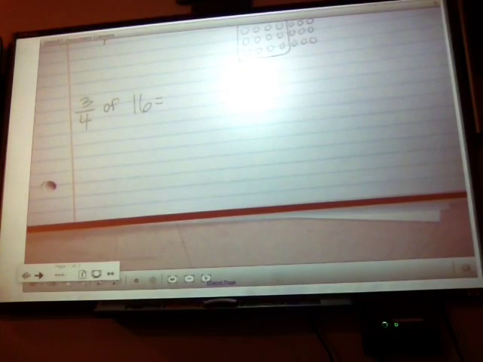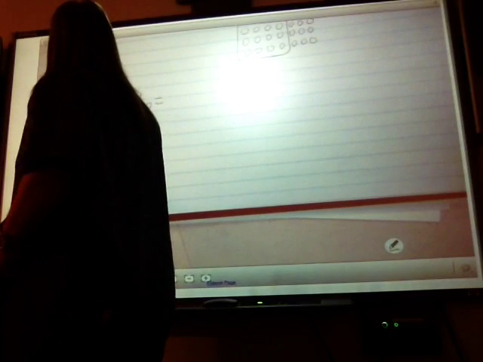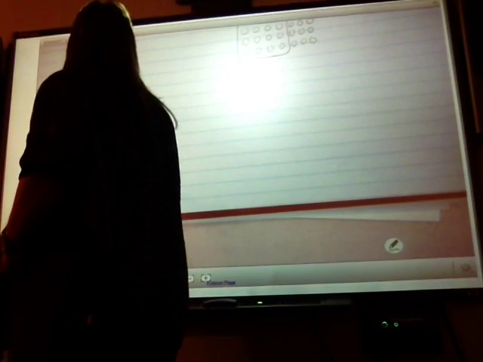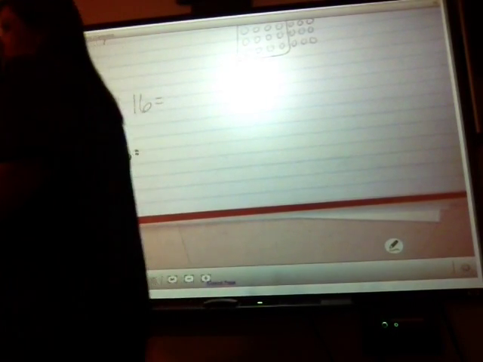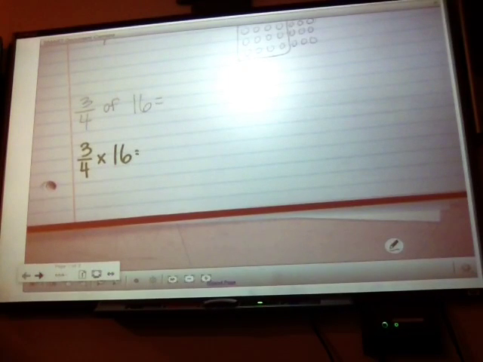Three-fourths of 16 is the same thing as saying what? 3/4 times 16. If you're using the manipulatives help, that's great. If not, that's fine as well.